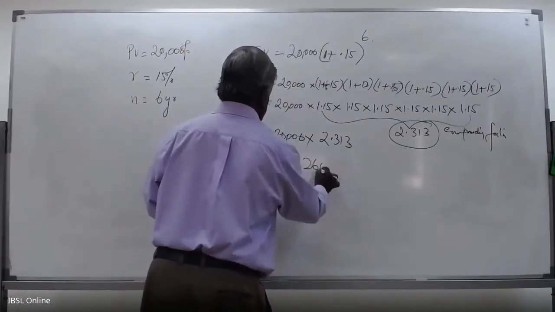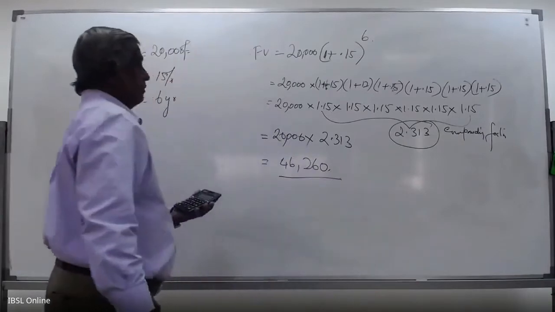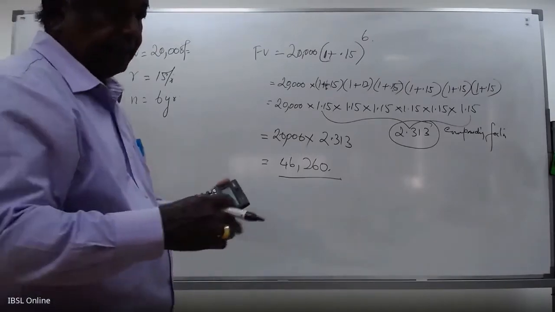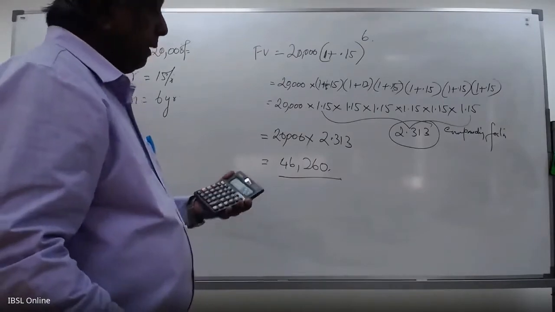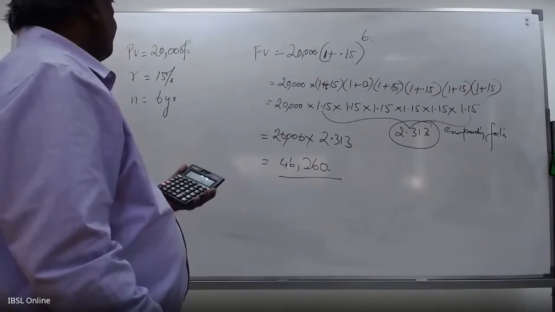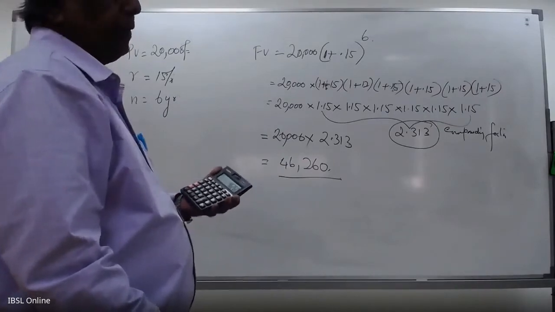So at the end of 6 years, the future value of this present 20,000 at the interest rate of 15% will be 46,260. So that customer will get this much money at the end of the 6th year by depositing this money in a fixed deposit with your bank at this interest rate of 15% for a period of 6 years.